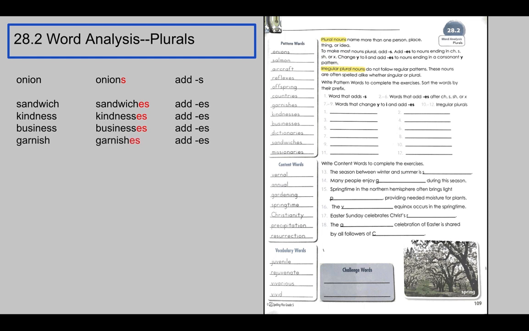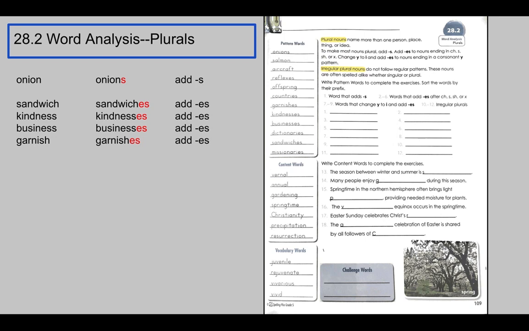Right, the word garnish. A garnish is like what's on the side of a plate when you go to eat at a restaurant, and say they might put a piece of lettuce on the side of the plate. That would be a garnish. Okay, so let's say I went to a restaurant and they put one piece of lettuce on my plate. That would be a garnish. It's put on there to make the plate look appetizing and beautiful.